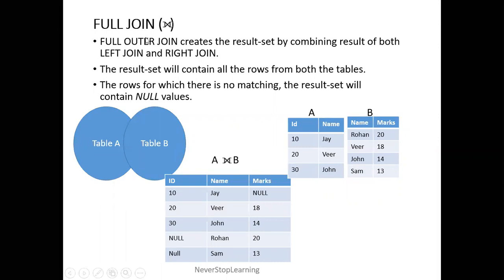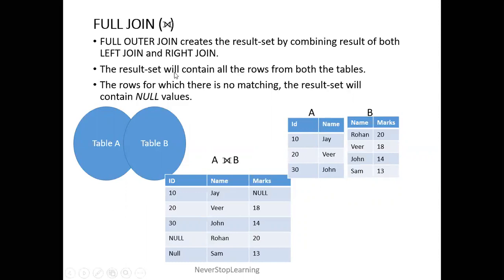So full join looks like this. The symbol of full join is this. Full outer join creates the result set by combining the results of both left outer join and right outer join. The result set will contain all the rows from both tables. The rows for which there is no match, the result set will contain null.